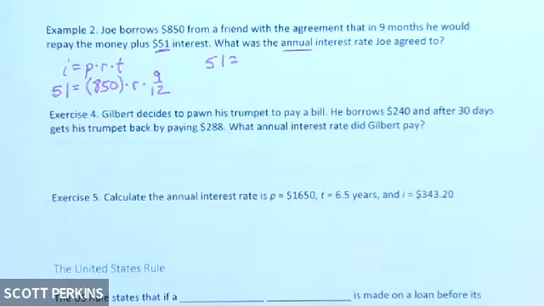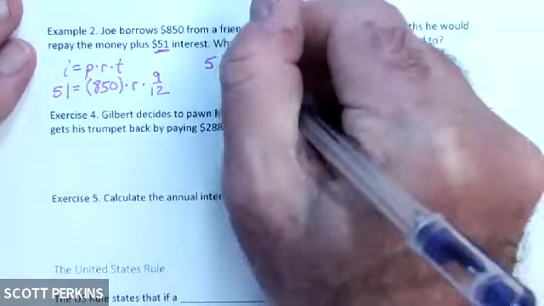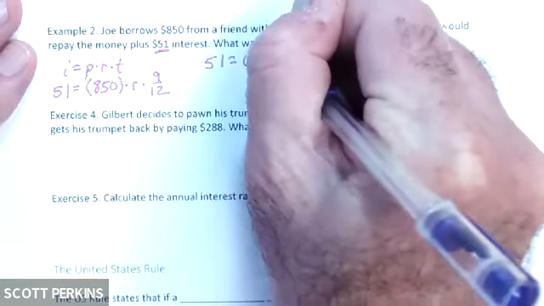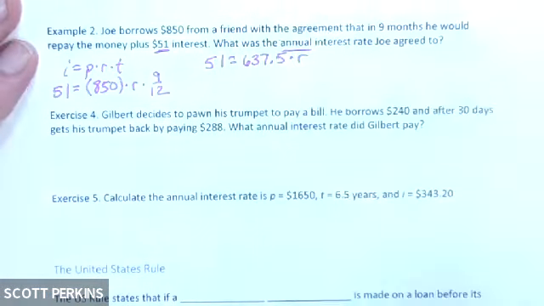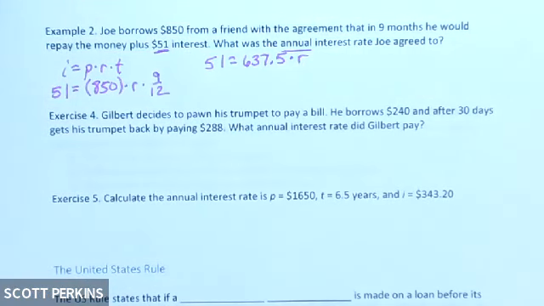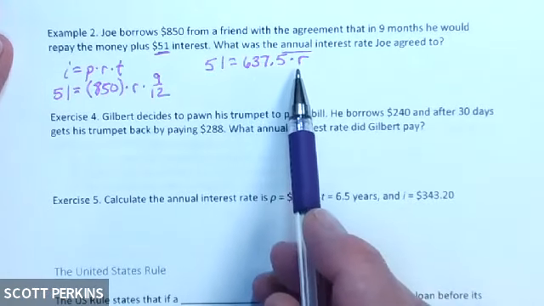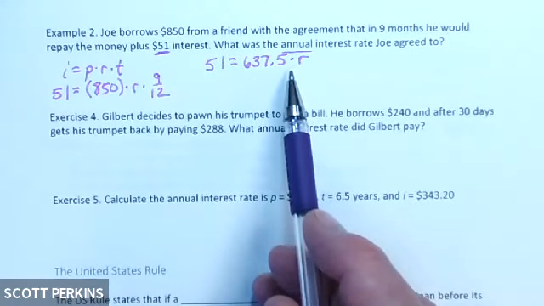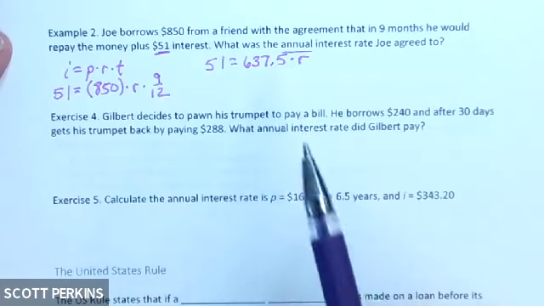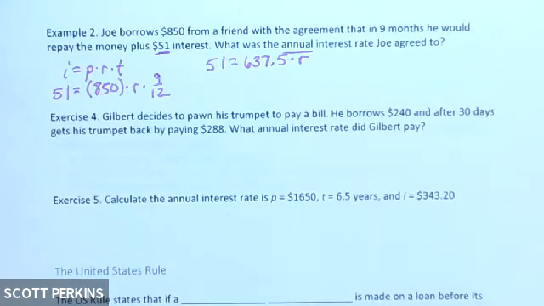On the right side of the problem, I'm just going to do a little multiplying. 850 times 9 divided by 12 is 637.5. Then a little basic algebra: if I have 637.5 times R, and I've got to get that 637.5 to the other side of the equation, what am I going to do to both sides?